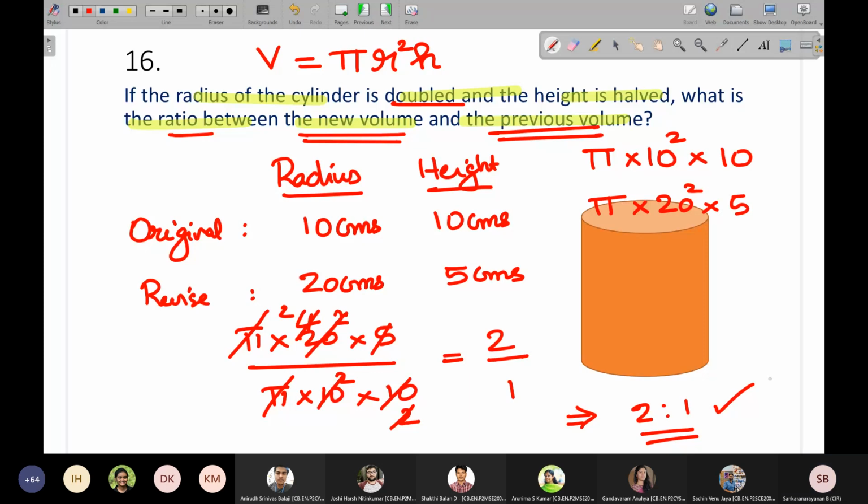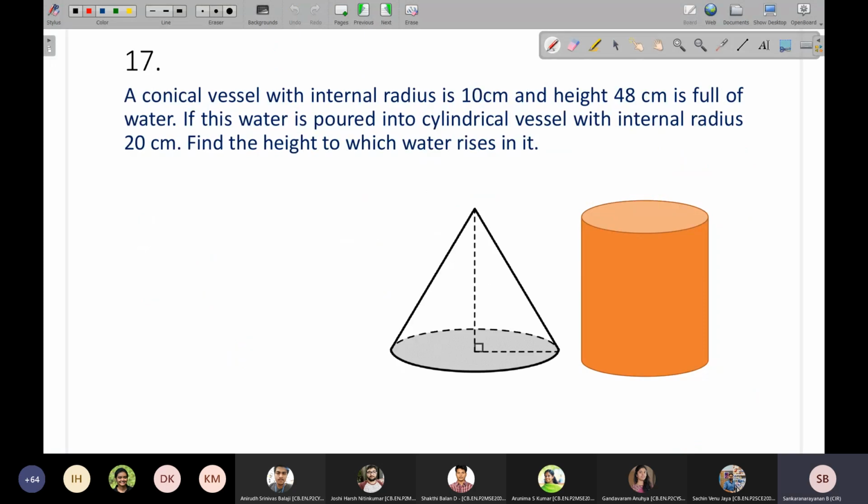Let us now go to the next question, that is question number 17. A conical vessel with internal radius 10 centimeter, so that is the radius, and height 48 centimeter. So we are talking about the vertical height here. This height is given to be 48 centimeters.